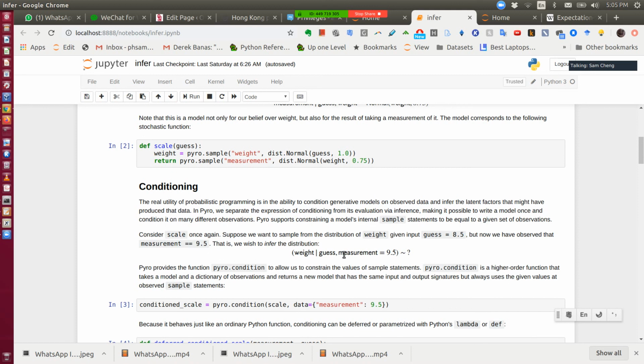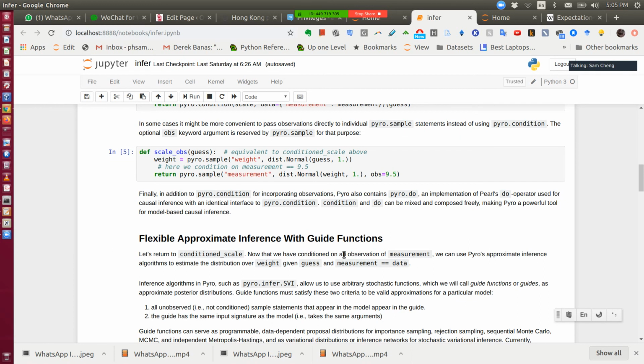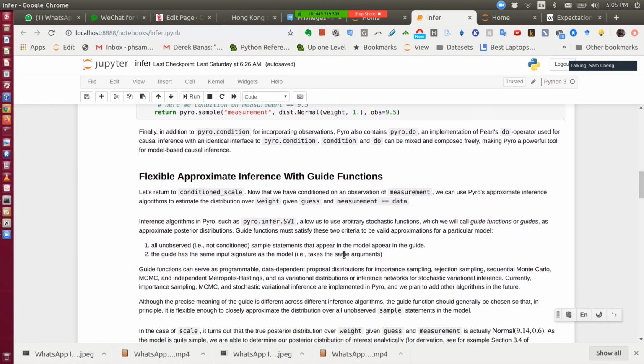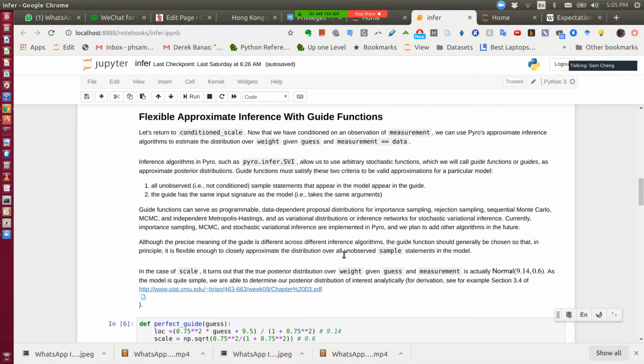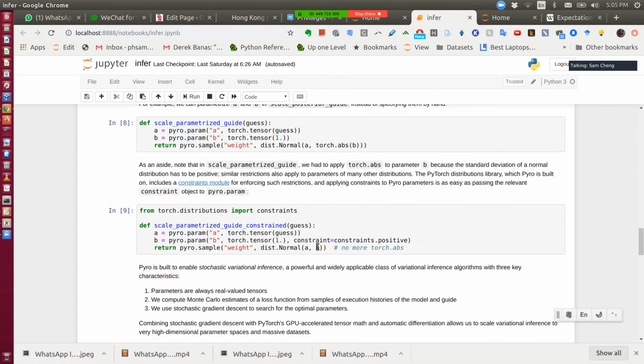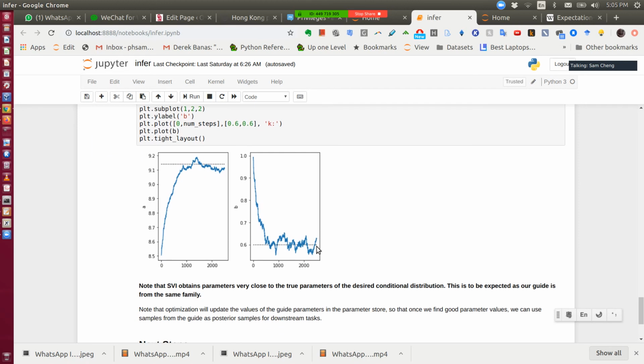But this shows an alternative: you can use a machine to do that. Of course you can do it by hand and get an exact solution. This one just does inference using Monte Carlo, and you get something not exact, but pretty close.